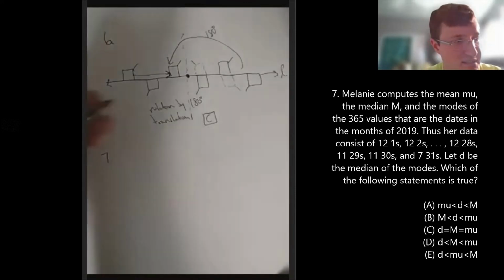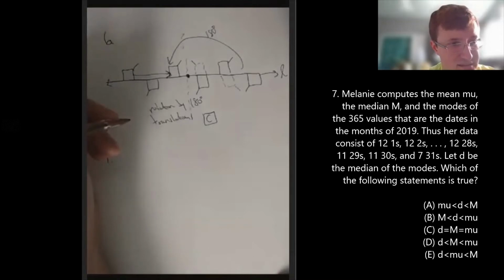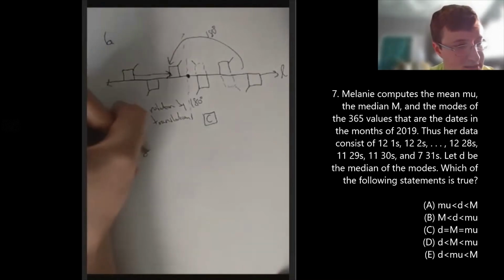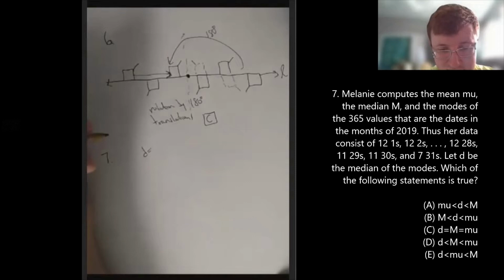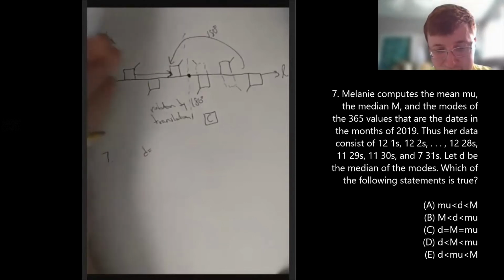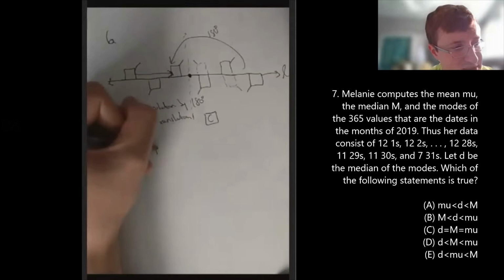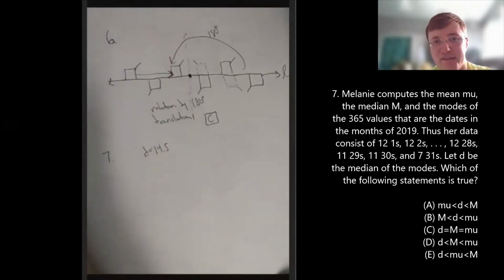So D is the median of the modes, well, the median of a bunch of ones, twos, up to 28s is the number right in the middle, which is 14.5.